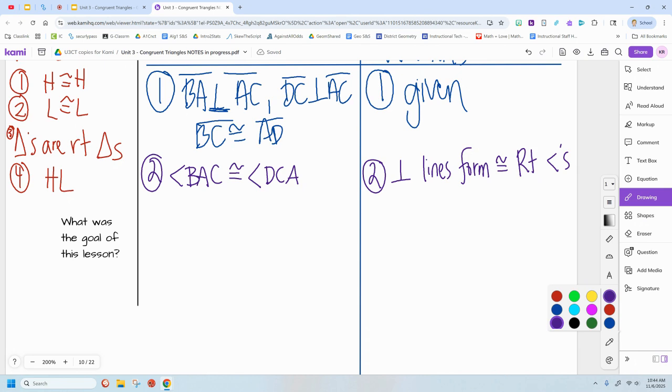Okay. Now, this is where we have to add in something that's unique for HL. And this is the part that works. You ready? Now we would say triangle BAC and triangle DCA are right triangles.